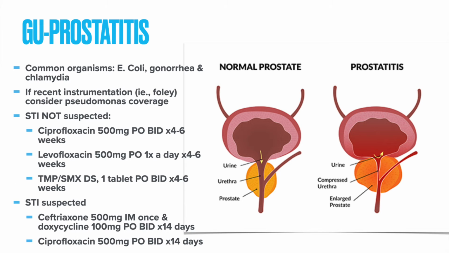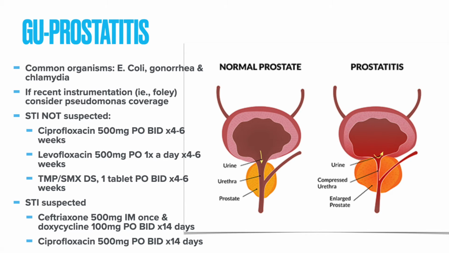All right, so next up is prostatitis. Common organisms for this infection include E. coli, gonorrhea, and chlamydia. Again, it's going to be important to try and determine whether or not this is related to a sexually transmitted infection. So symptoms of prostatitis include dysuria, dribbling, frequency, nocturia, hematuria, and then retention.